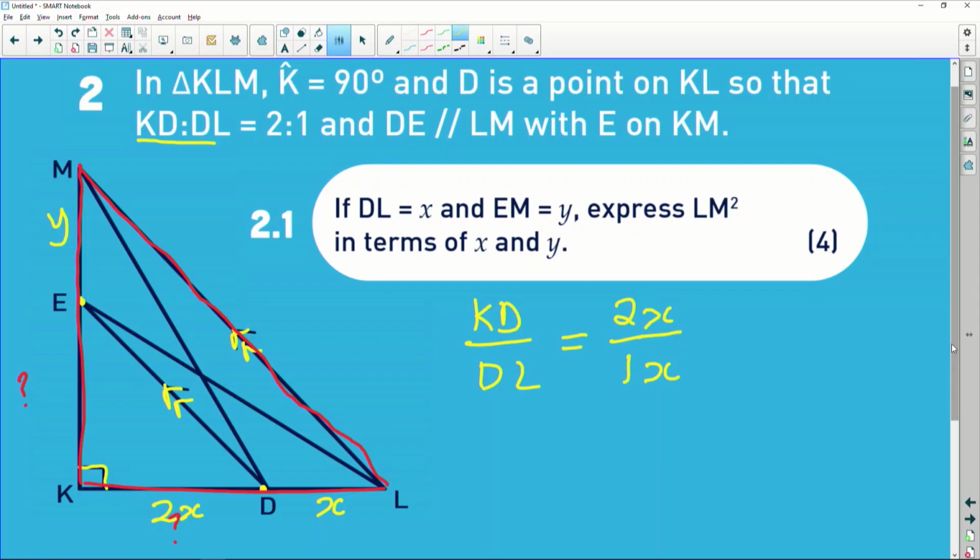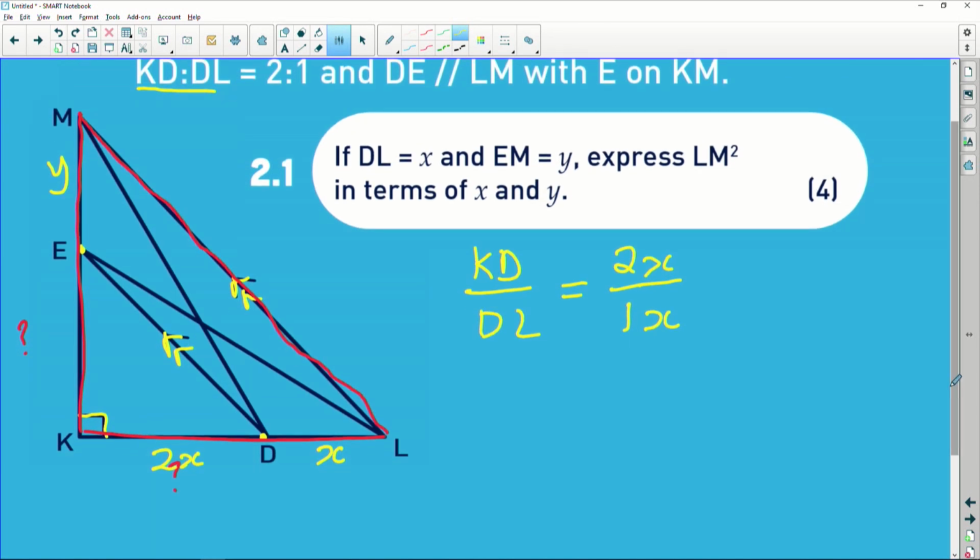So now let's see how we can use that particular theorem to make more sense of what is happening here. In this question, if I write KD divided by DL, it is going to be equal to that. I'm looking at the entire triangle, using the line that I just highlighted in yellow being parallel to the other one that you see there.